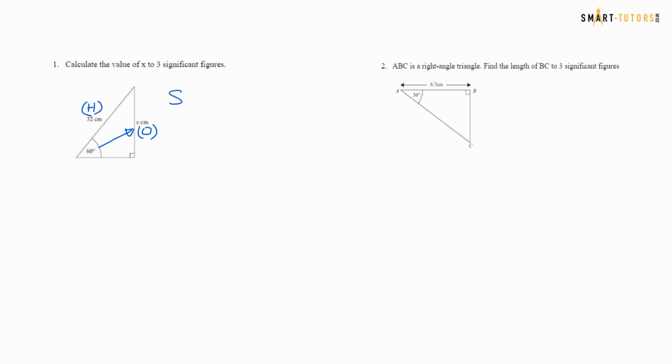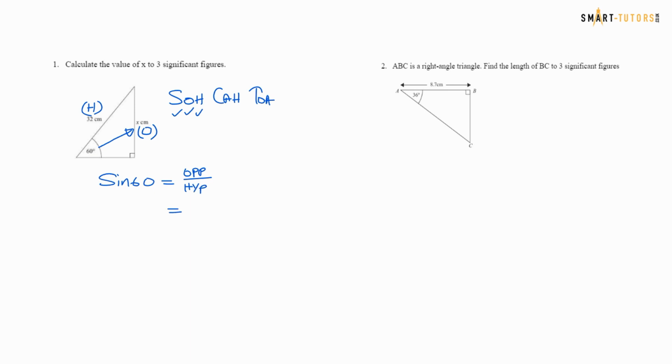So in our SOH CAH TOA, O and H related means SOH is the proper formula to use. Sine of any angle is opposite over hypotenuse.